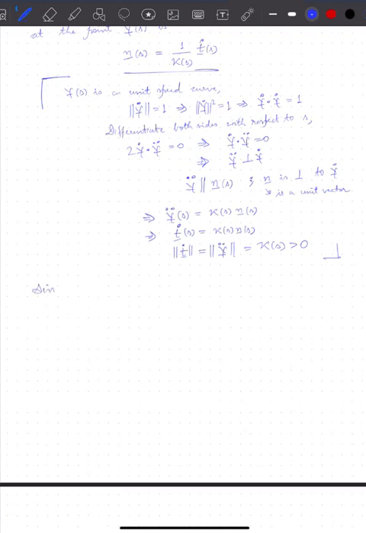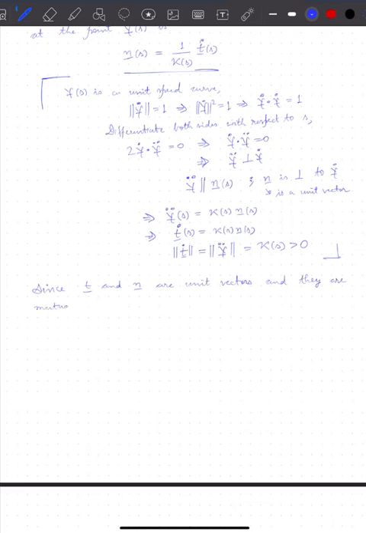Since the t vector and n vector are orthogonal unit vectors, they are mutually orthogonal.